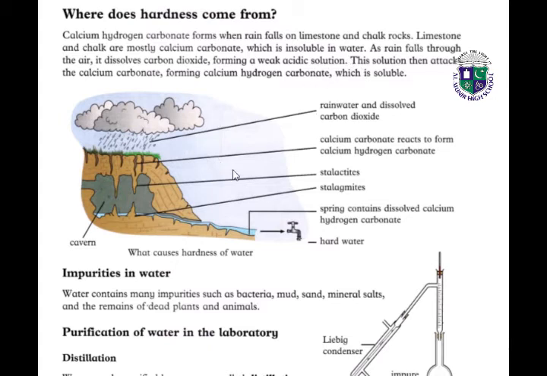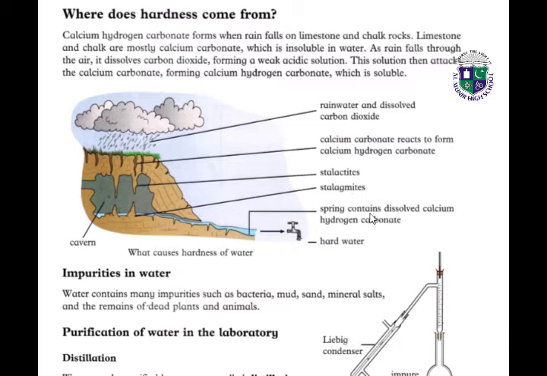Look at this figure. Here we have rainwater and dissolved carbon dioxide from the air. Next, look here. Here we have calcium carbonate reacting to form calcium hydrogen carbonate. Next, we have stalactites and stalagmites.